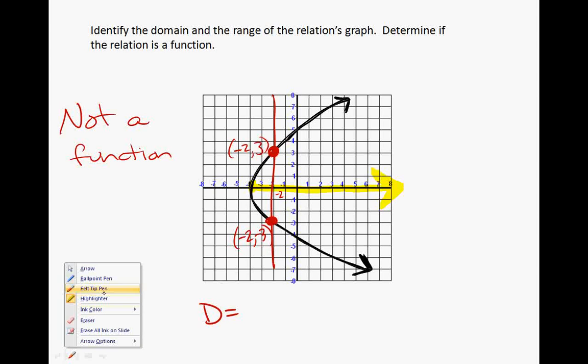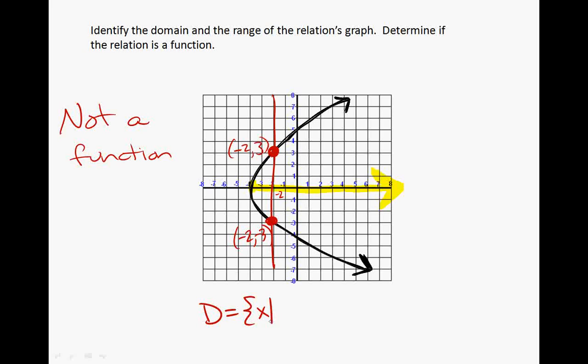So I'm going to write an inequality to describe all of the possible x values. And we'll use interval notation. So I'll say x such that x is greater than or equal to -4, since -4 was our lowest possible x value. So when anyone reads this interval notation, they would understand that the domain for this graph can be any real number that is greater than or equal to -4.